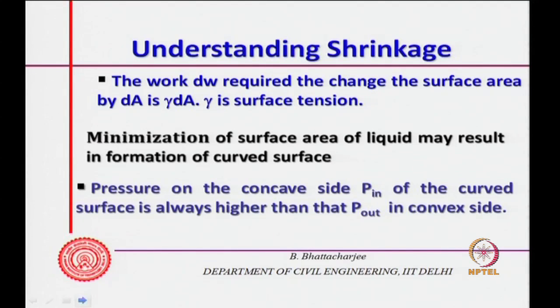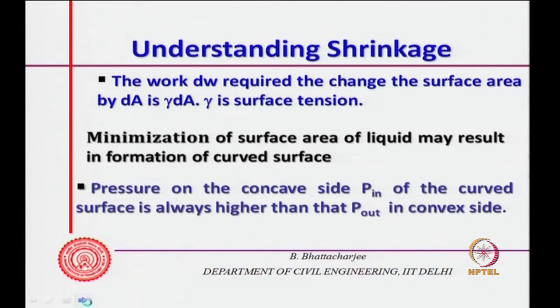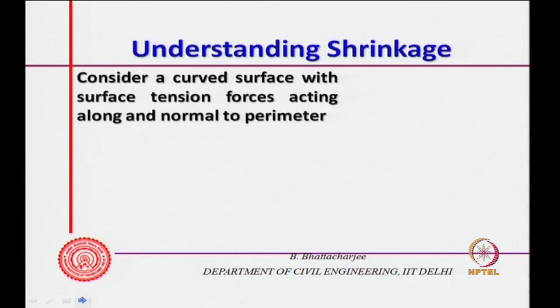Usually the pressure on the concave side of the curve is always higher than that of the convex side, because the molecules will try to pull each other in a given way, and the pressure on this side is usually higher.